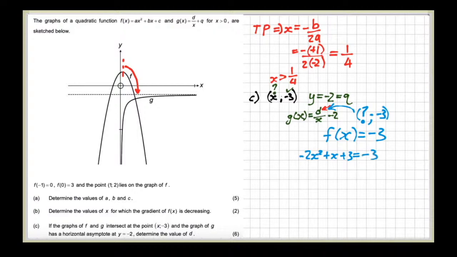This means that let's take everything to the right. I'm going to sit with 2x² - x - 6 = 0. Let's factorize: 2x and x, 2 and 3, a minus and a plus.